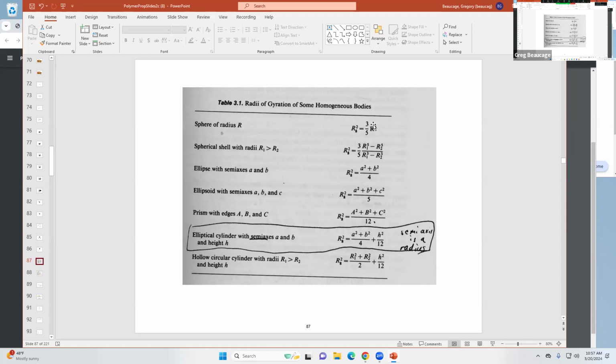Don't exactly see how to do that, but basically 2 times the square root of 3/5, I guess, gives you something larger than 1. Is that right? Square root of 6. 3. This should work, but I can never tell. Yeah, it's 0.77 times 2 gives you 1.55. Right, so Rg is going to be 1.55 times the diameter of a sphere.